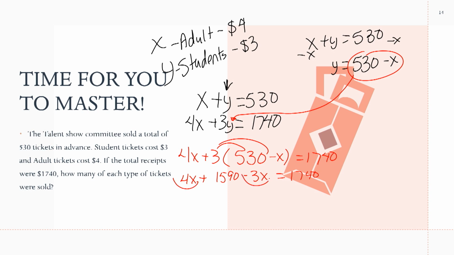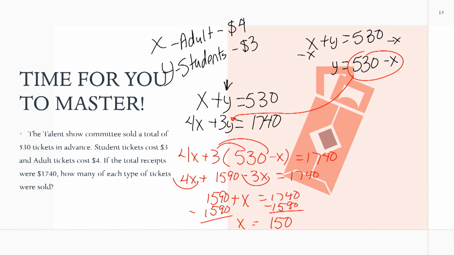So 4x minus 3x is x. I'm going to get my numbers together. So x equals, I have my calculator, 1740 minus 1590 equals 150.